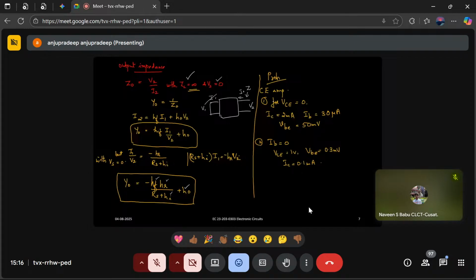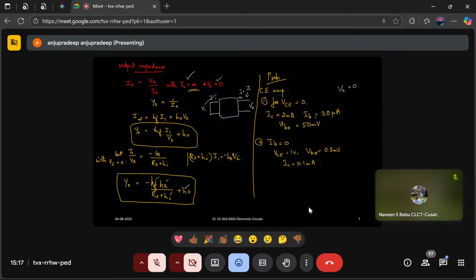For a common emitter amplifier, for VC is equal to 0, that means V2 is equal to 0. When V2 is equal to 0, collector current is equal to 2 milliampere and IB is equal to 30 microampere and input voltage V1 is equal to 50 millivolt.